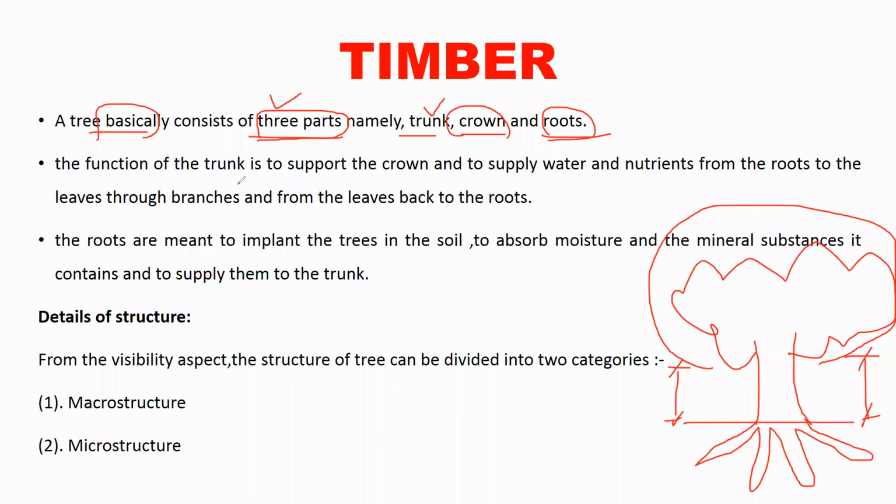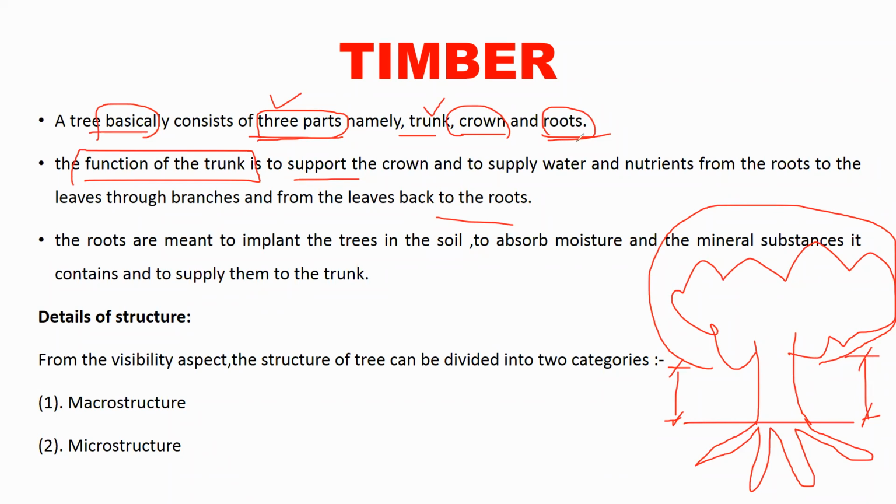The function of the trunk is to support the crown and to supply the water and nutrients from the roots to the leaves through branches, and from the leaves back to the roots. So what is the function of the trunk here? The function of the trunk is to support the crown.